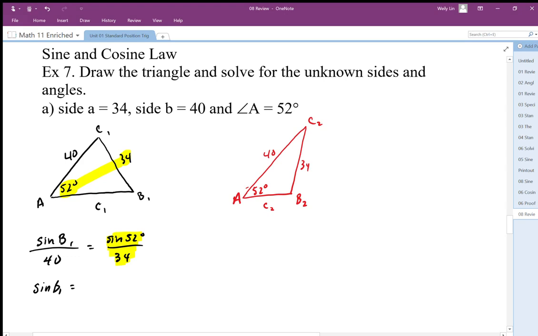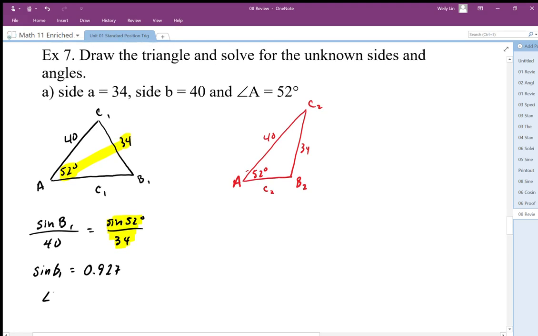Again, I need my calculator here since these are not exact values. So I'm going to do sine 52 times 40 divided by 34, and I get 0.927.